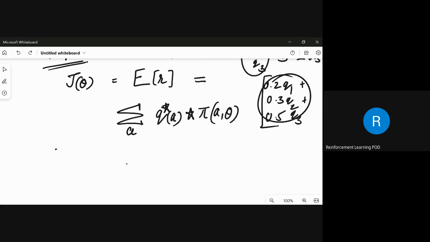So we will try to maximize this, but before that, we need to compute its gradient so that we can use that gradient to change the parameters theta in the right direction.